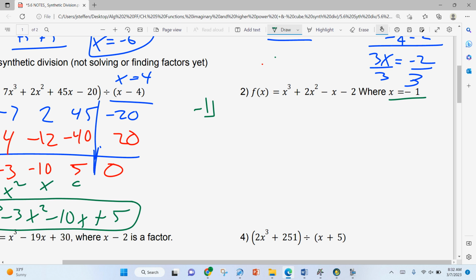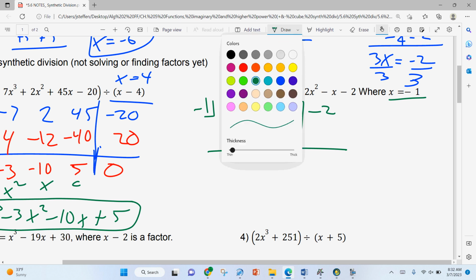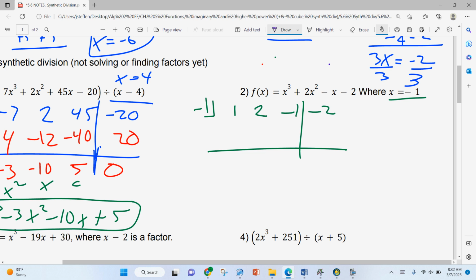Then my leading numbers, I have 1, +2, -1, and -2. Then you put your little lines, make your boxes. My 1 drops straight down. -1 times 1 is -1. Add those together, you get -2... wait, -1 times 1 is -1, add those together, you get -2. -1 times -2 is +2, which is 0.